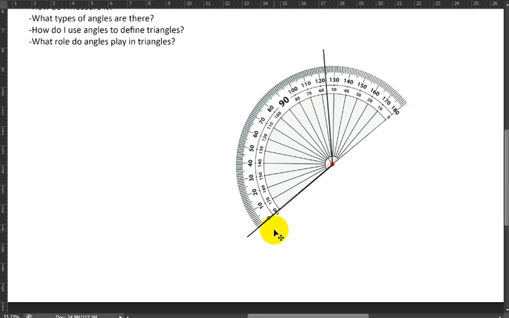So now I have to start counting from the line that my protractor is touching, meaning this line right here. I'm not going to start counting from this side that we did before. And whereas before we started counting from the inner set of numbers, now the 0 is the outside.